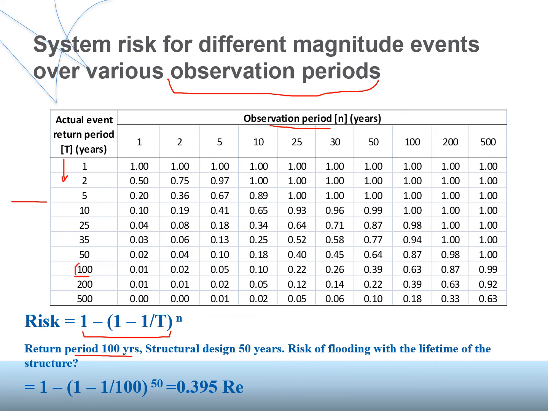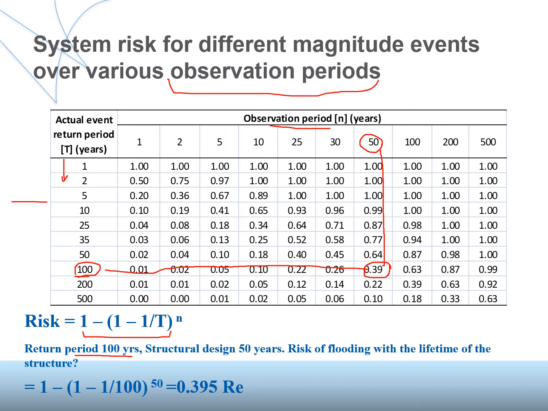You design a structure with a 100-year return period, and the lifespan of the structure is 50 years, and from the same line you see 0.39 is the risk. So if you design a structure with a 100-year return period flood, within 50 years the probability of flooding at least once is 0.39.